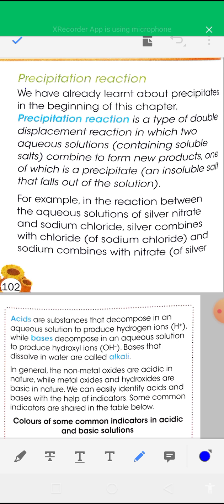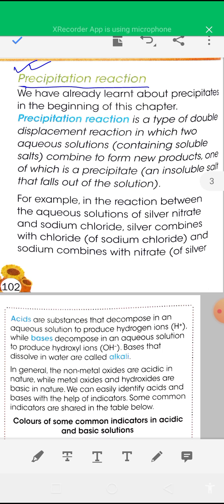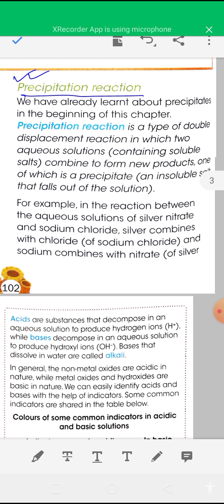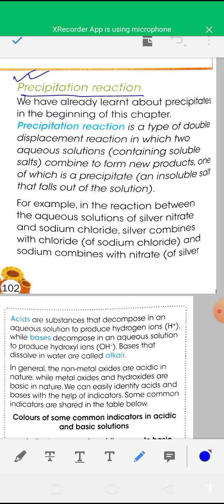You know what is a precipitate? Precipitate is a solid insoluble product formed in a chemical reaction. So precipitation reaction is a type of double displacement reaction in which two aqueous solutions containing soluble salts combine to form new products, one of which is a precipitate.